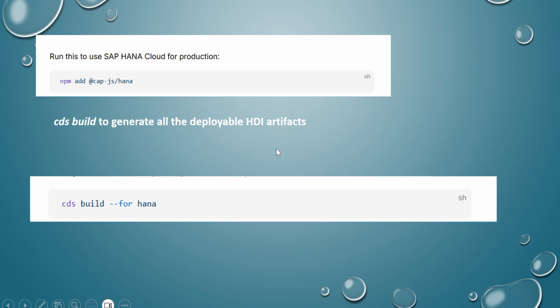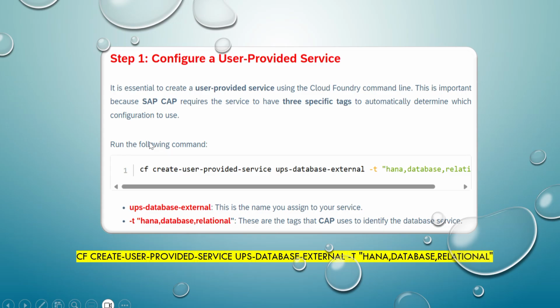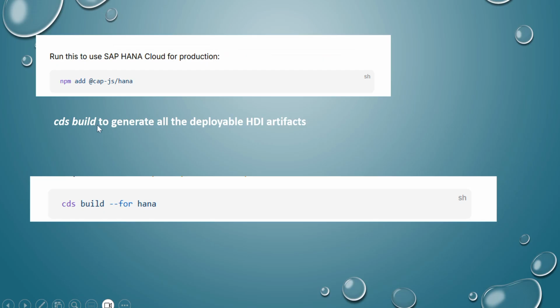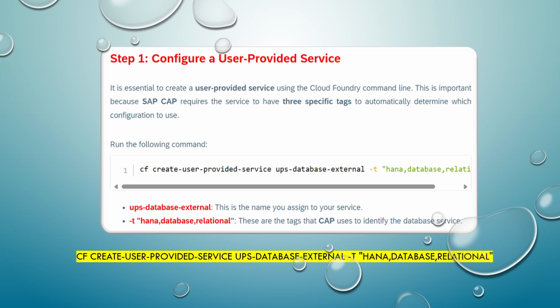Now I will show you the commands we have to use. These are the main commands to deploy your application to SAP HANA Cloud and Cloud Foundry. The first one is npm add cap-js, which will run your application in a production mode. Then cds build, which will generate all the artifacts, the HDI artifacts, as a build.